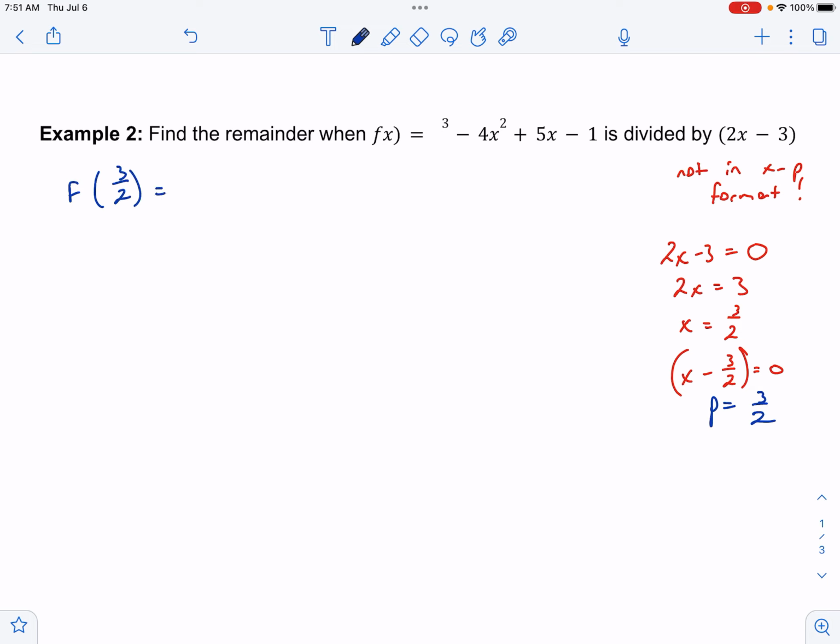Let's check our function at 3 over 2. I don't know why values are disappearing. There should be an x here. Should be a bracket there. So we'll do 3 over 2 cubed minus 4 times 3 over 2 squared plus 5 times 3 over 2 minus 1. 3 over 2 cubed will be 27 over 8. 3 over 2 squared is 9 over 4.